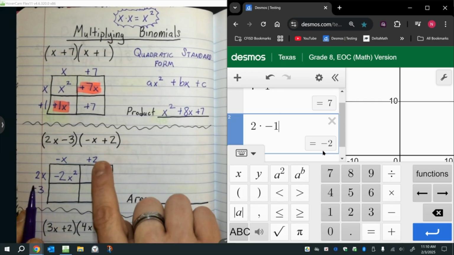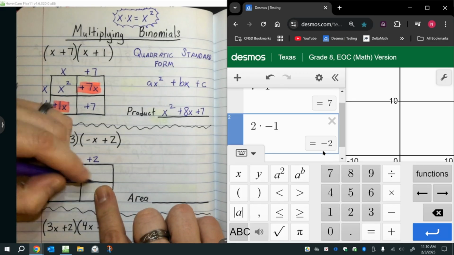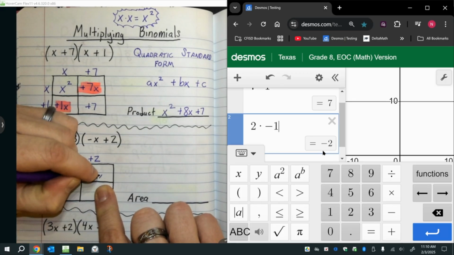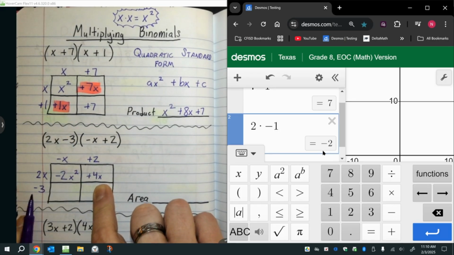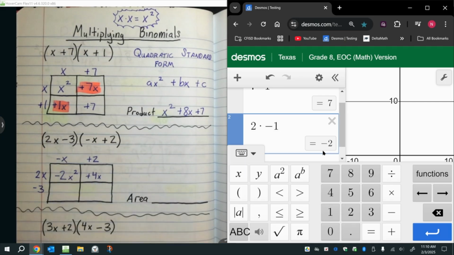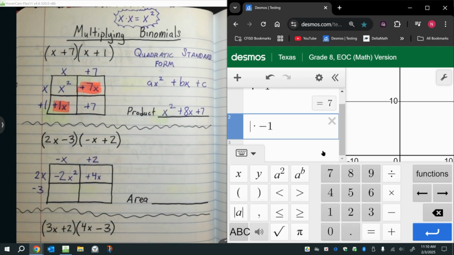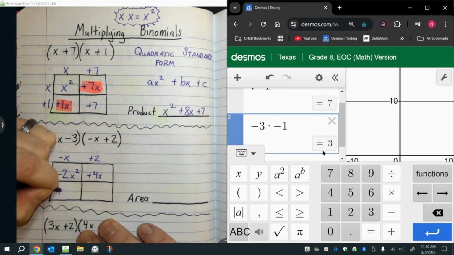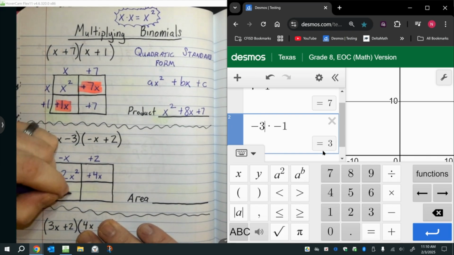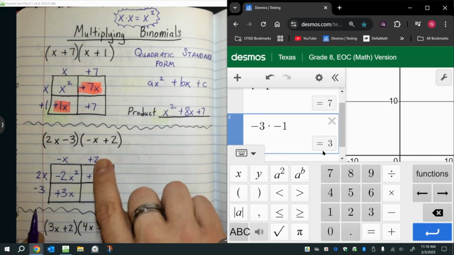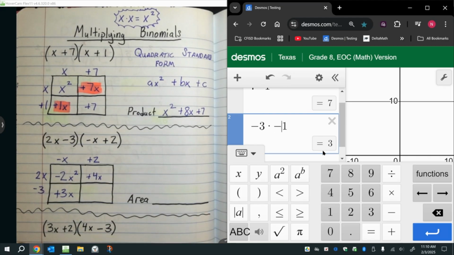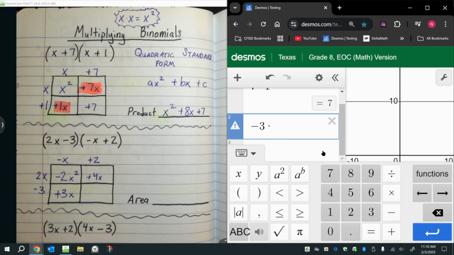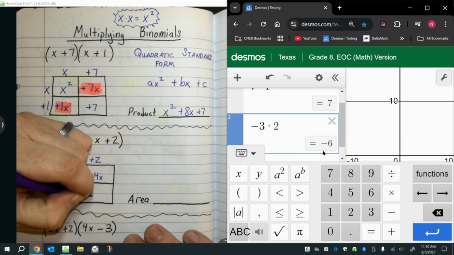Now we take 2 and multiply it to get 4 with our x. Negative 3 and negative 1. So now I need this to be a negative 3. And that's a positive 3, attach my x, and then negative 3 times 2, negative 6.